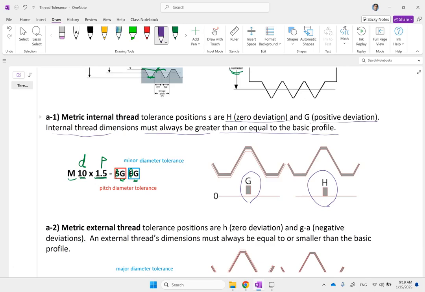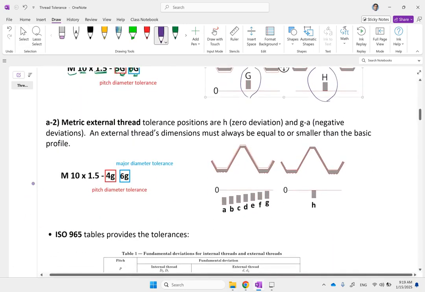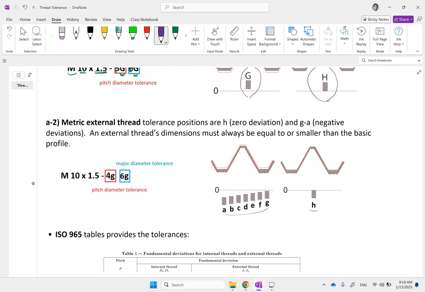Okay, so these are for metric internal threads, and you see they are using capital letters for internals. On the other hand, for externals, we use small letters, A to H, so there are 8 letters as opposed to 2. Again, the small h means no deviation, A to G means some deviation, but these deviations are all negative deviations. And of course, you know that an external thread should be equal or less than the nominal size.